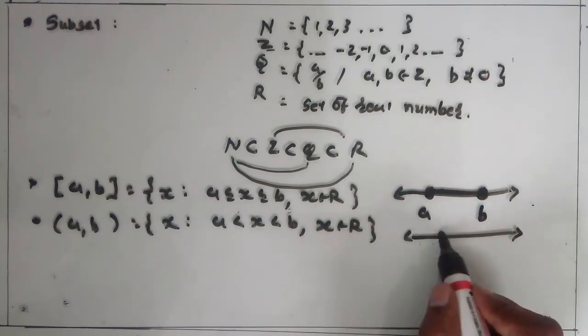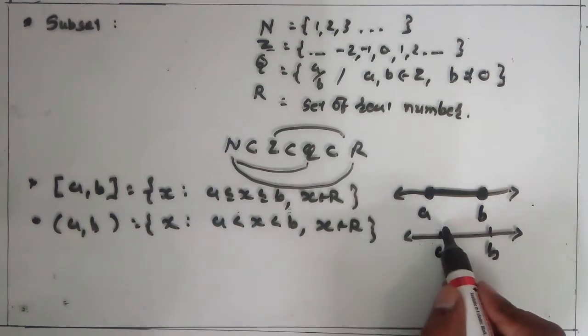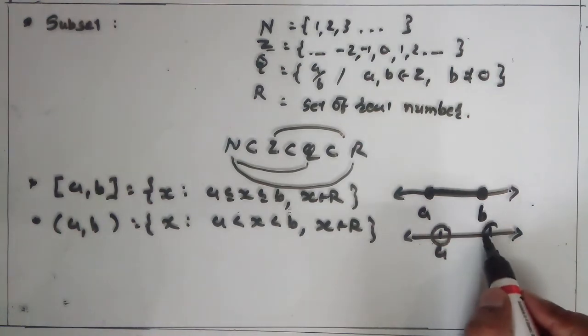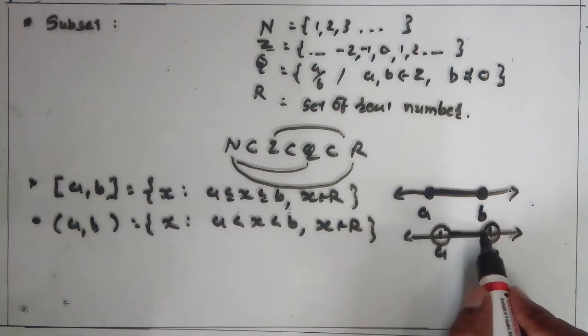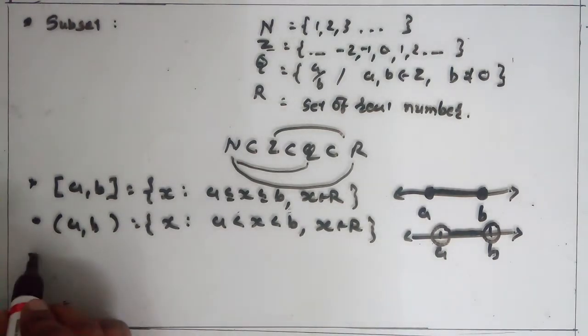On a real line, the open interval does not contain a, so draw a circle at a, a circle at b, and a bold line between a and b.